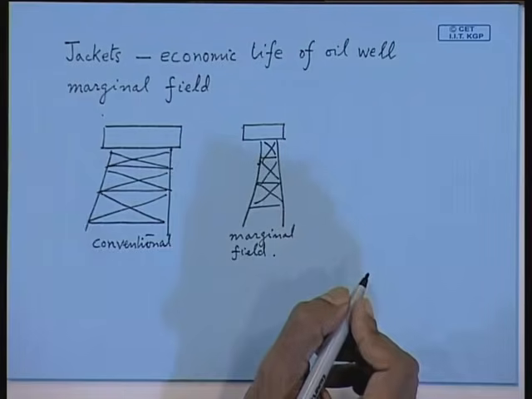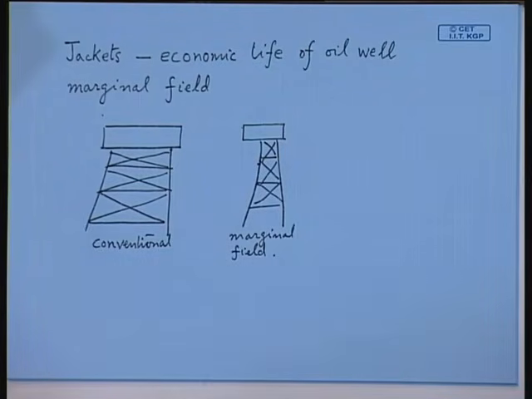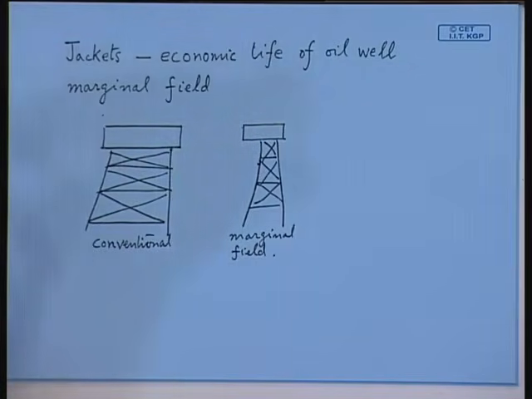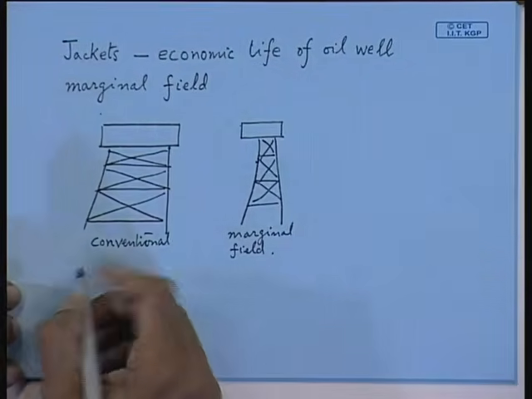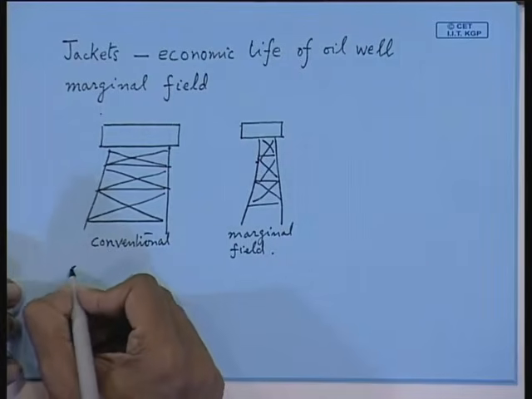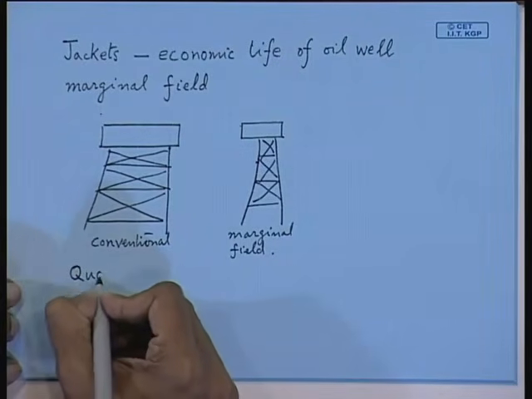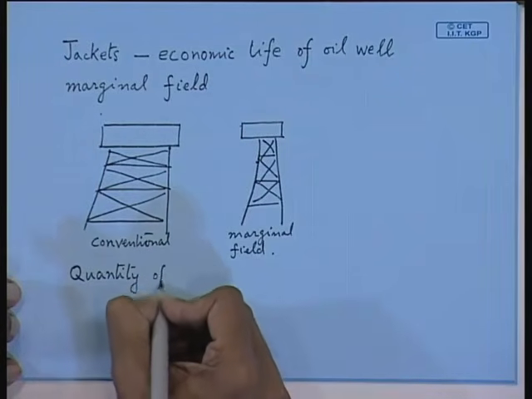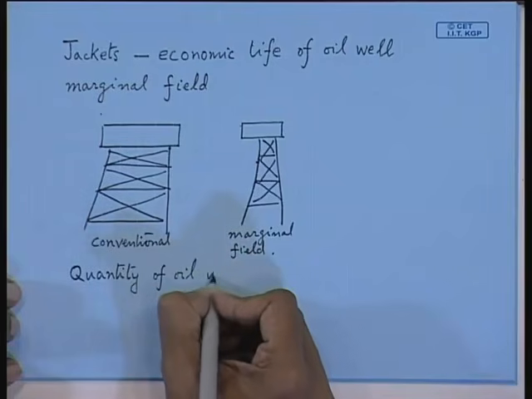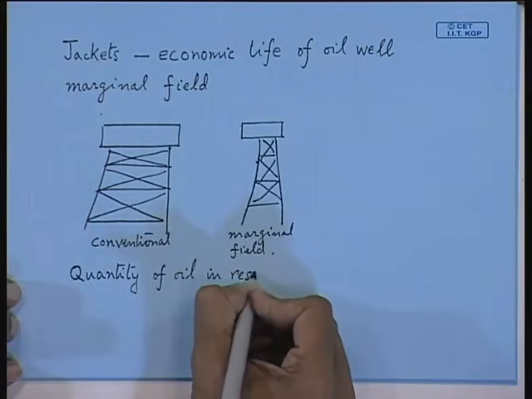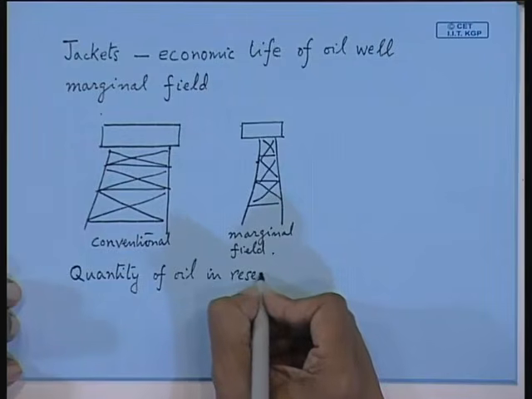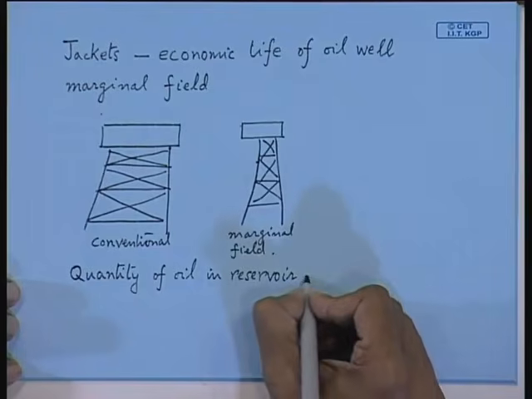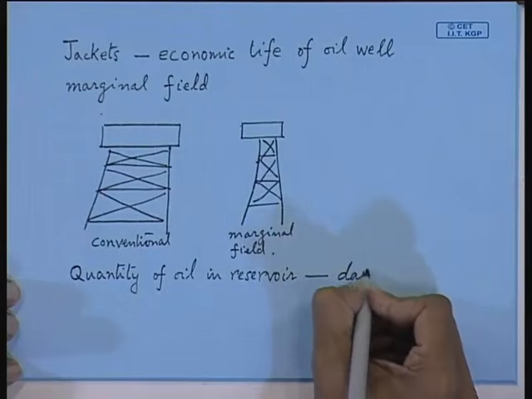So, this is one of the primary considerations for jacket design. So, you center your platform design according to the quantity of oil in reserve, or write in reservoir to be more appropriate, and daily production rate.